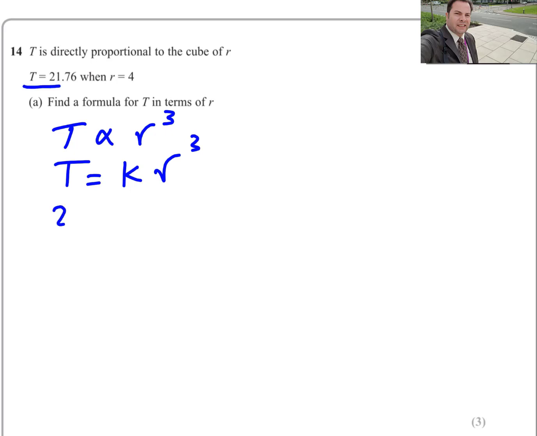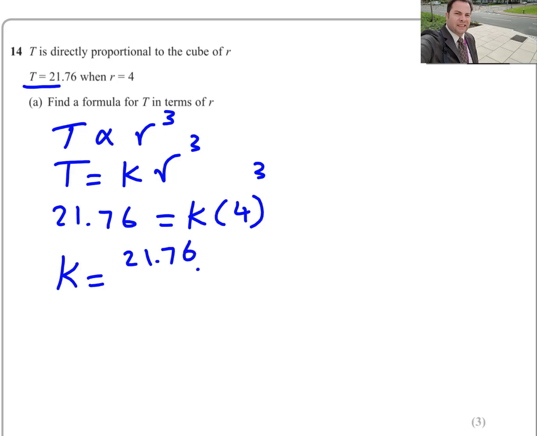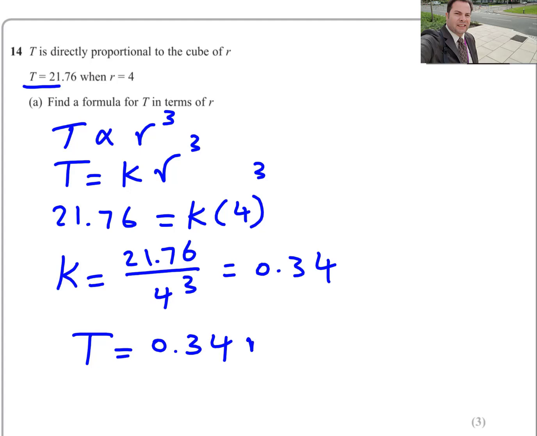T equals 21.76 is equal to K. R is 4 all to the power of 3. So K is equal to 21.76 divided by 4 to the power of 3. So the answer is 0.34. So the equation connecting T and R, T equals 0.34 times R to the power of 3.